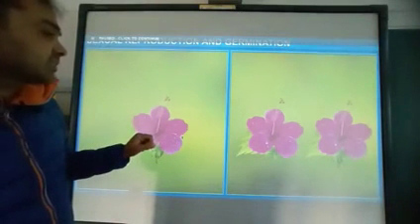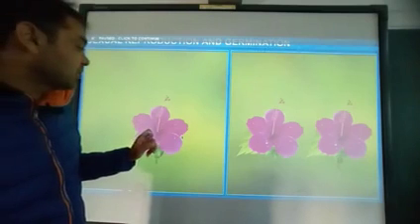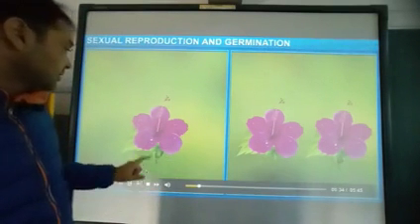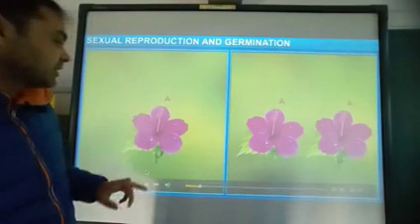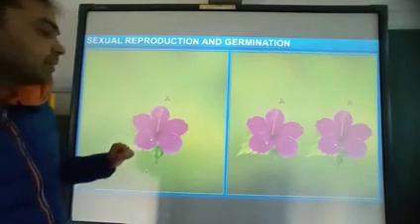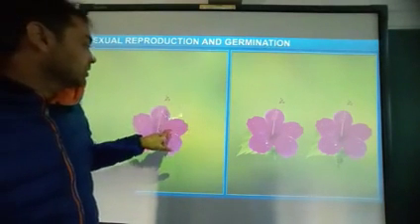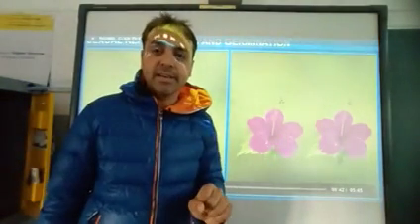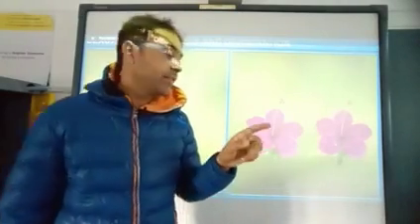So this is the case of self-pollination and cross-pollination. Okay. So this is the flower and it consists of the male and female reproductive parts. Here also the male and female reproductive parts, but here you can see there are two different plants.